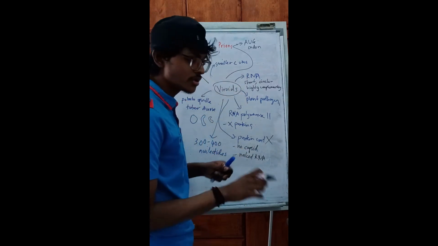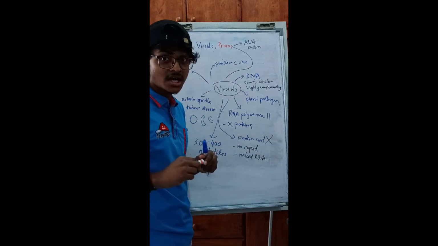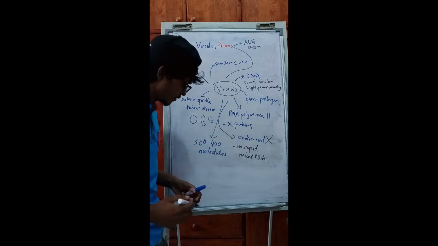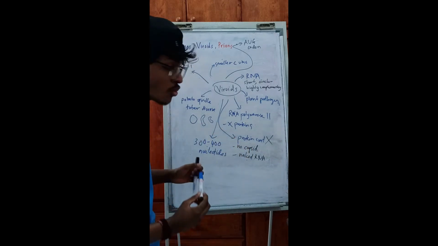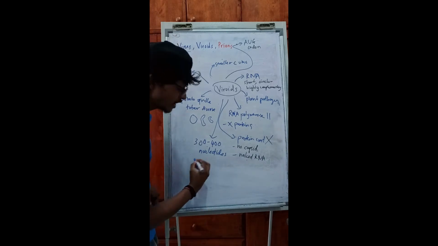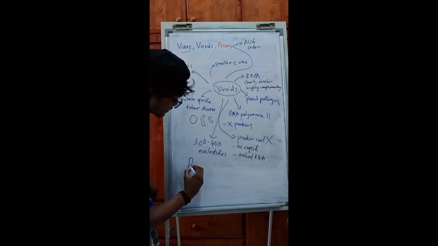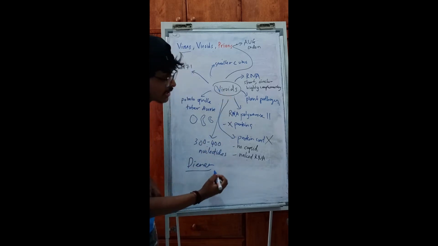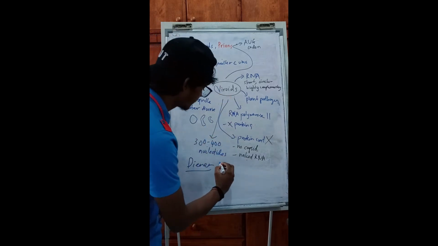If you want to know about the discovery of viroids, it was Steiner who discovered the viroid, in 1971.